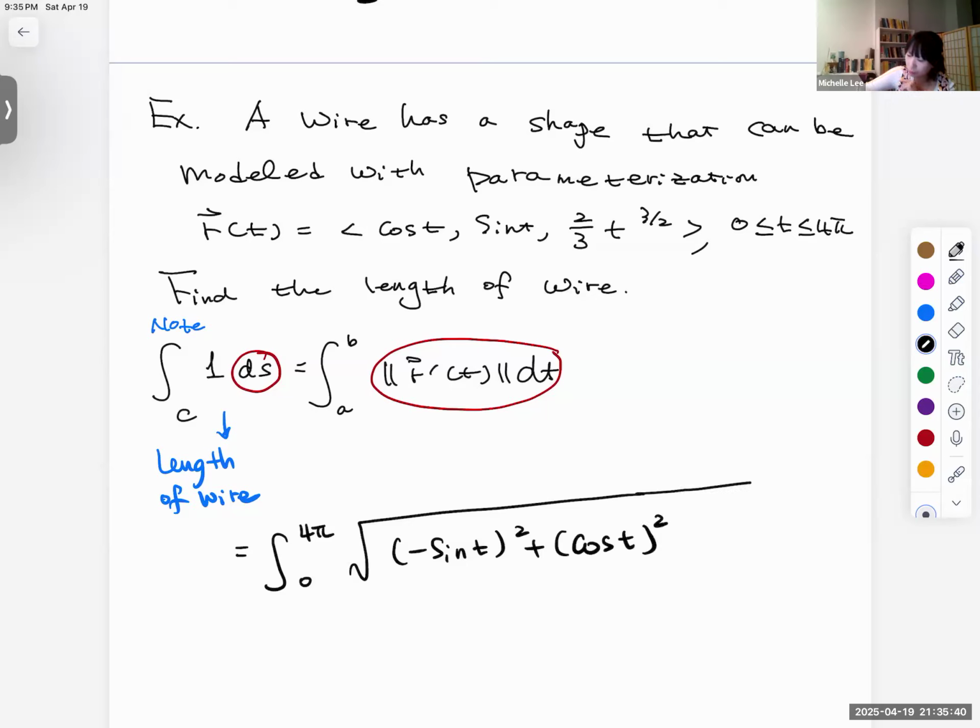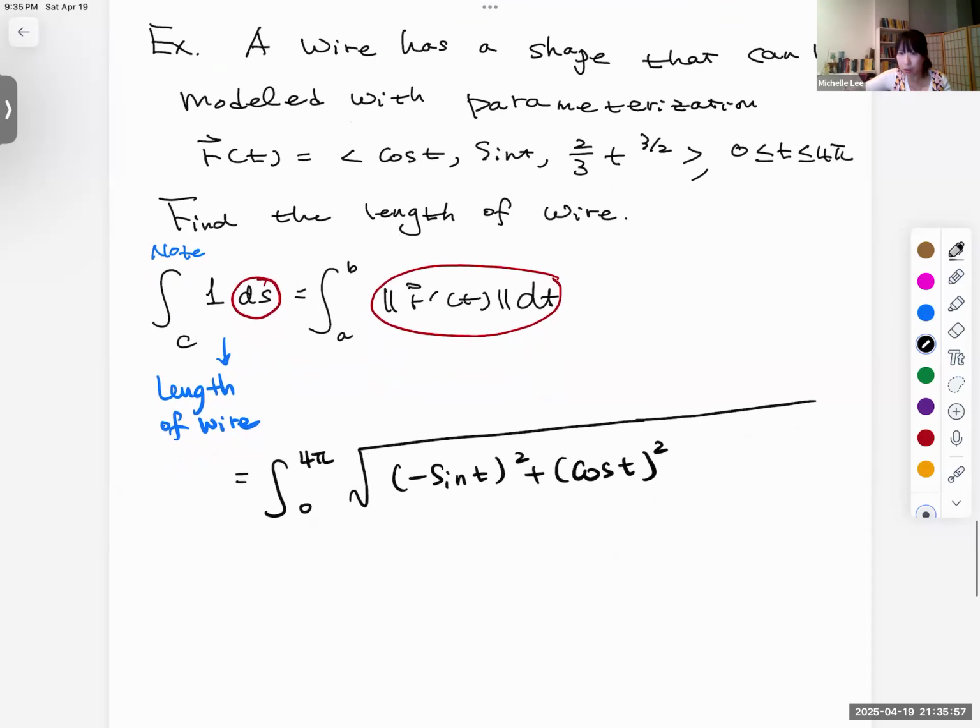Now, the derivative of 2/3 of t to the 3 over 2 power. So we drop the power, then cancel out, right? And reduce by 1. So let's make it here. This looks weird. Let me see.